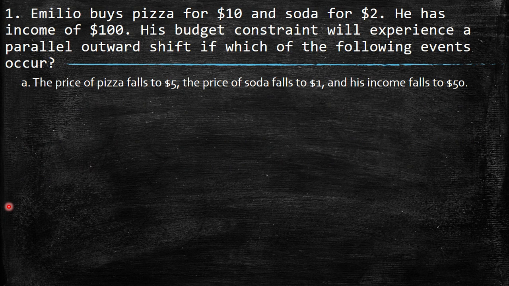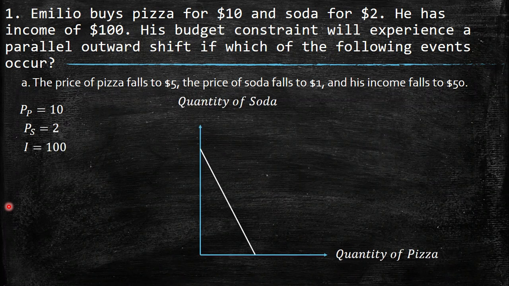So the first one: the price of pizza falls to $5, the price of soda falls to $1, and his income falls to $50. First, this is the initial situation. We know that the slope of this curve is given by the negative of the price of pizza over the price of soda.